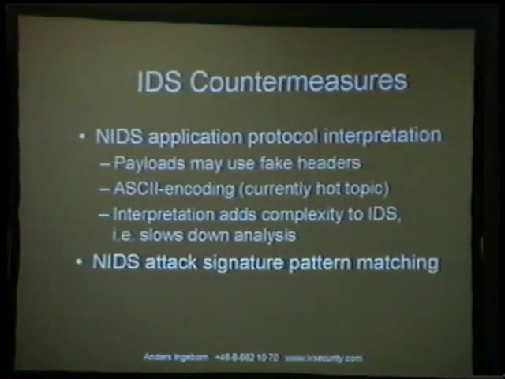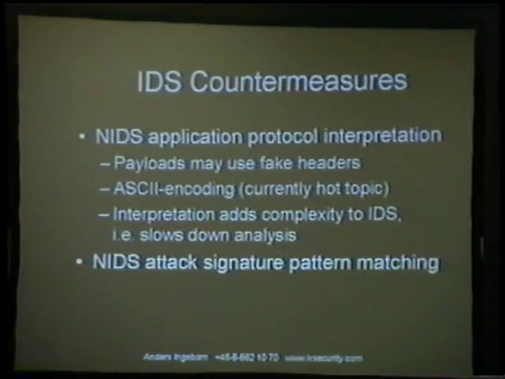Also, it's important to think a little bit about complexity, because application protocol interpretation will probably add to the complexity of the intrusion detection system, and session encryption might also make it hard to implement this.